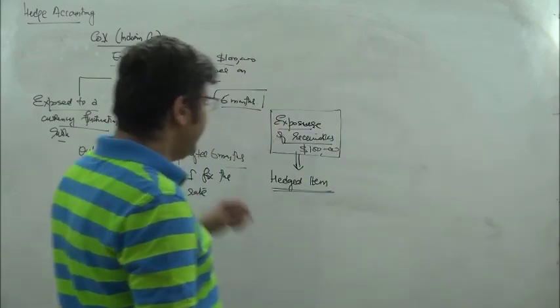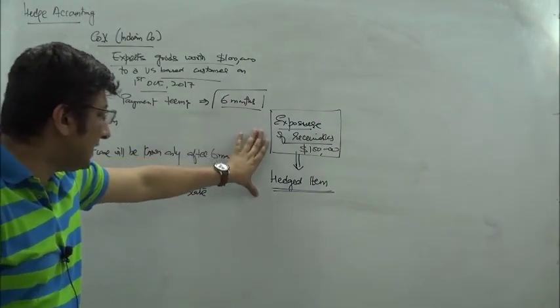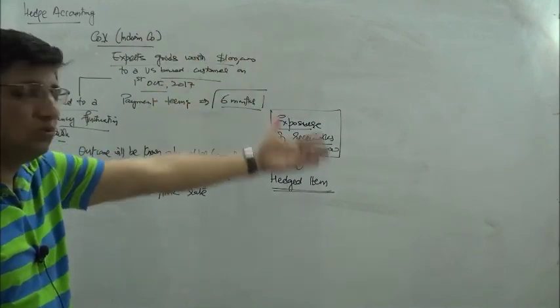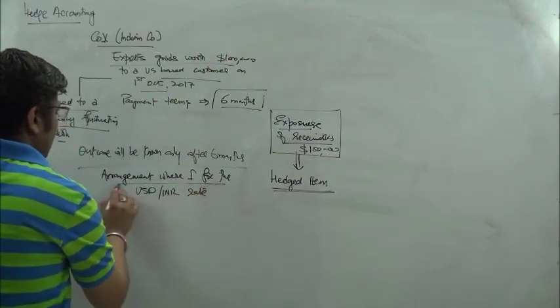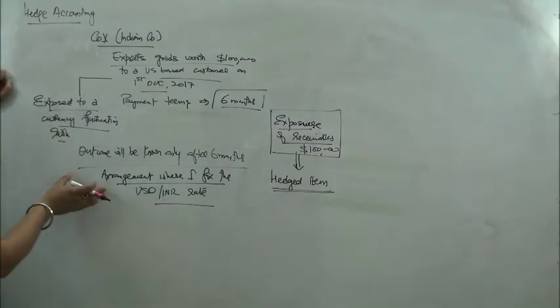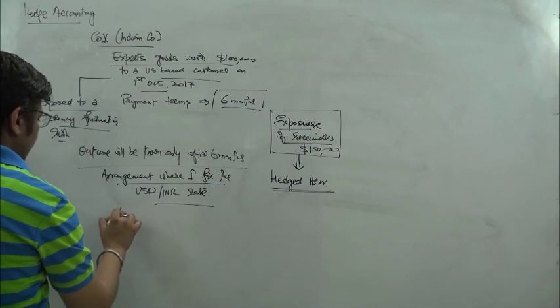Okay, so here I'm saying that this is my hedged item. I need to protect myself by getting into an arrangement. So what I do is I want to get into an arrangement where I fix the USD INR rate. So I approach a bank.